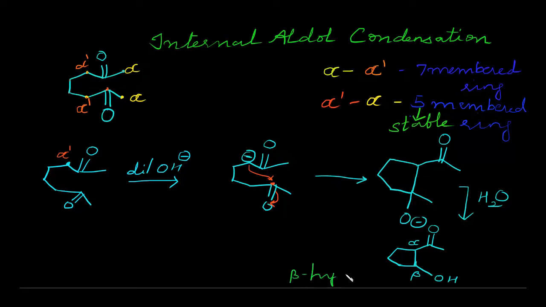As we have already learned, when beta hydroxy carbonyl compounds are treated with a dilute acid like hydrogen chloride, it leads to the formation of an alpha beta unsaturated compound, where OH from here and a hydrogen from here are lost, leading to the formation of a double bond.